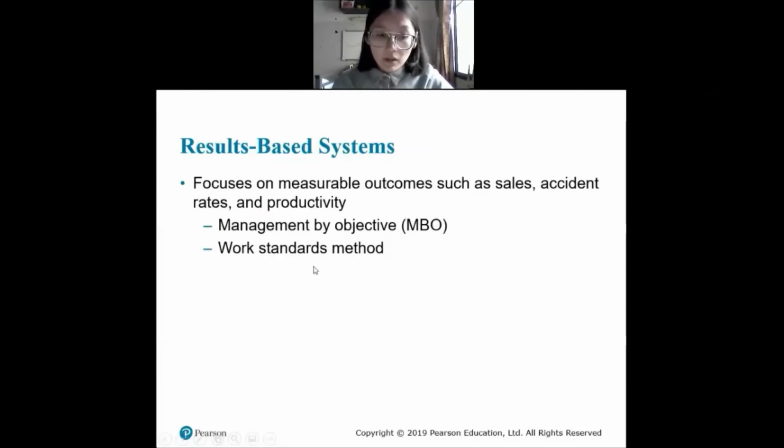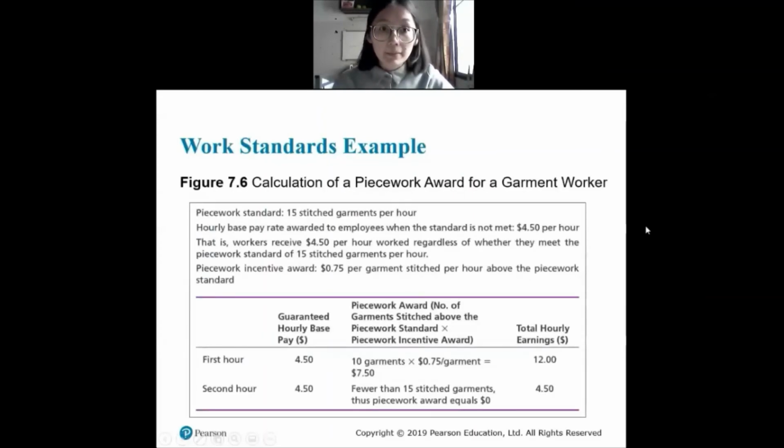The work standard method is usually coupled with an incentive pay plan known as the PACE work plan. So here are examples of the PACE work plan. Okay.